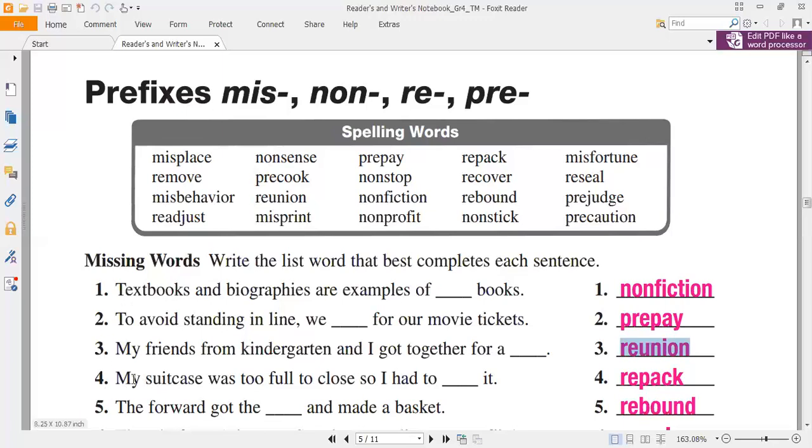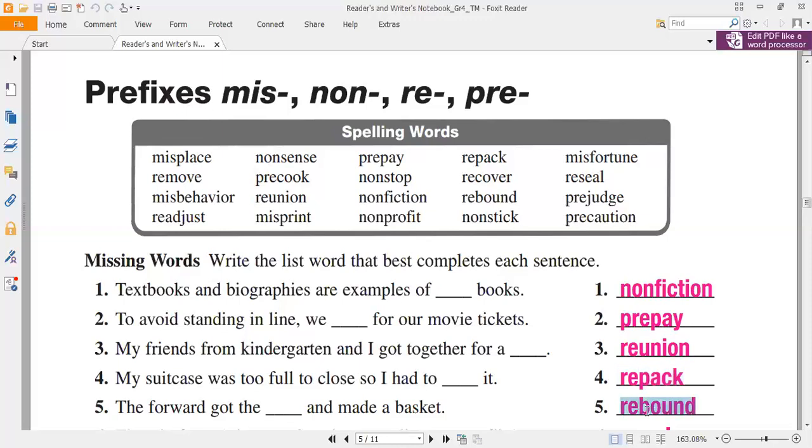Number four: my suitcase was too full to close, so I had to what? I had to, yes, repack it. It means to order everything inside again, to put everything in its right position again. Number five: the forward got the what and made a basket?